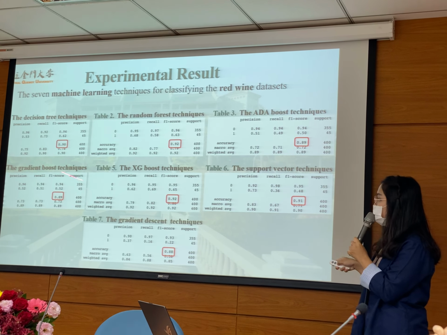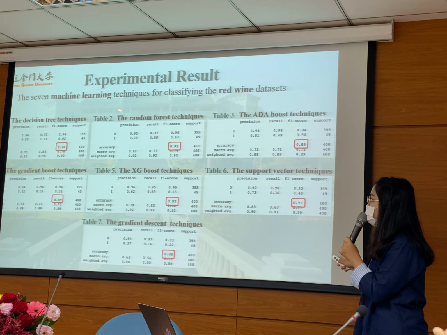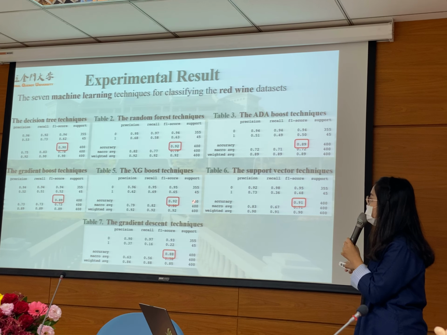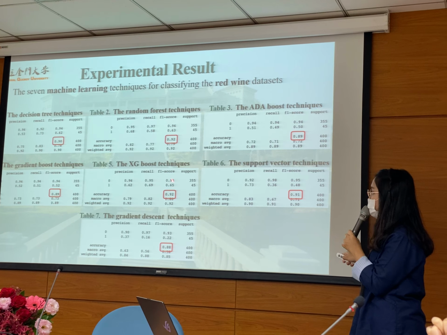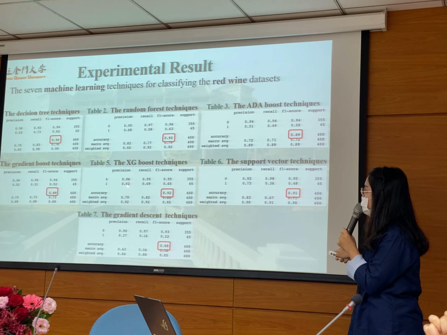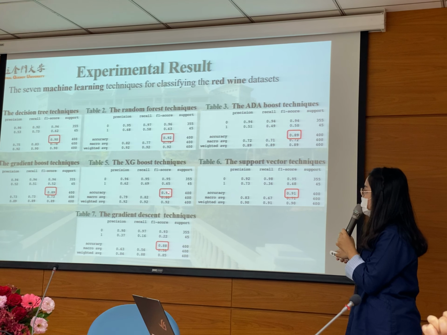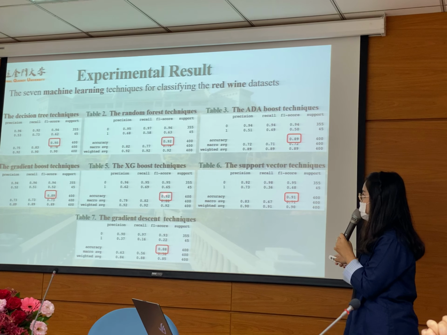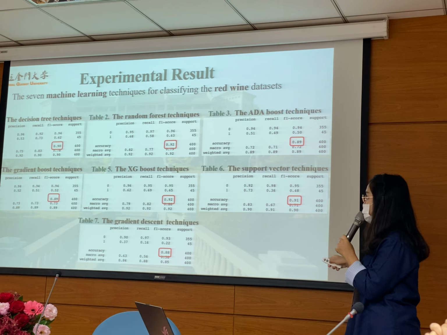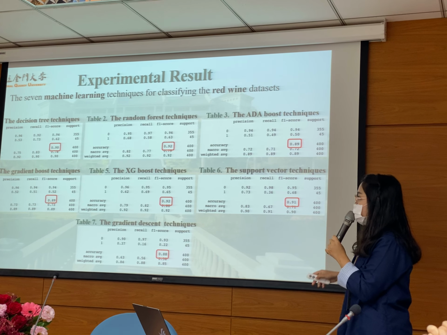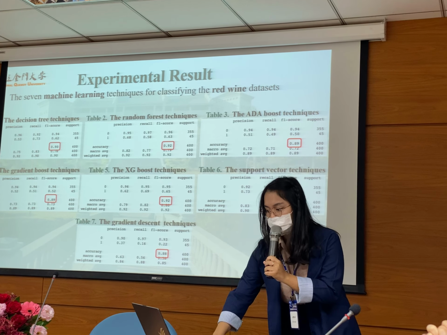Even though there is not, we have the XGBoost technique, which hasn't been used in the previous related works. It has an accuracy of 92%, equal to the random forest technique and higher than the other machine learning techniques. This is for the red one.